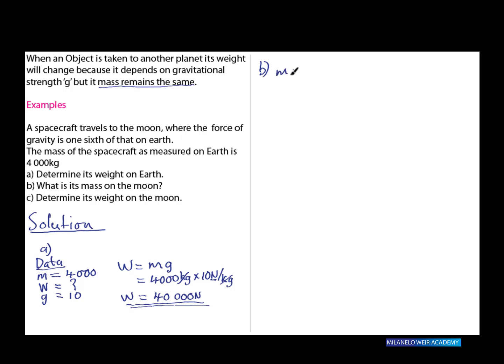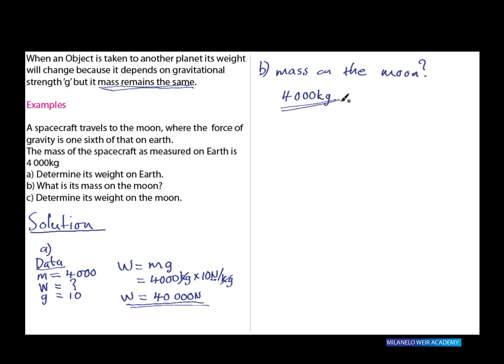So B, mass on the moon. What is the mass? Mass remains the same. So mass is 4,000 kg, right? It doesn't change.